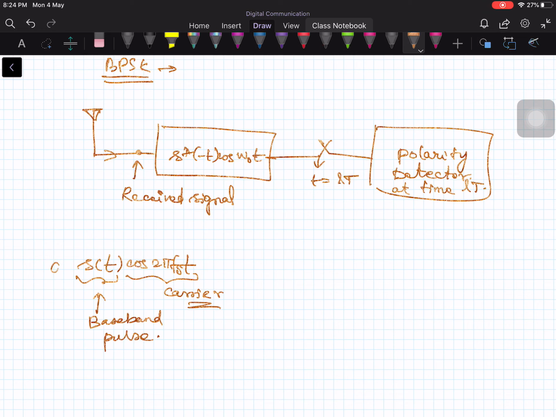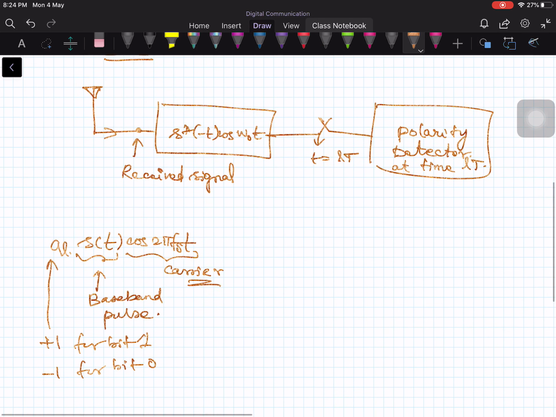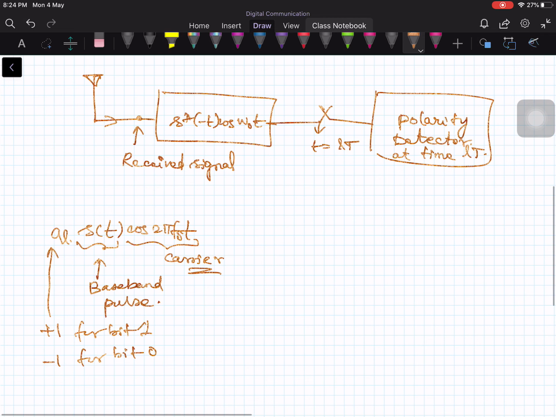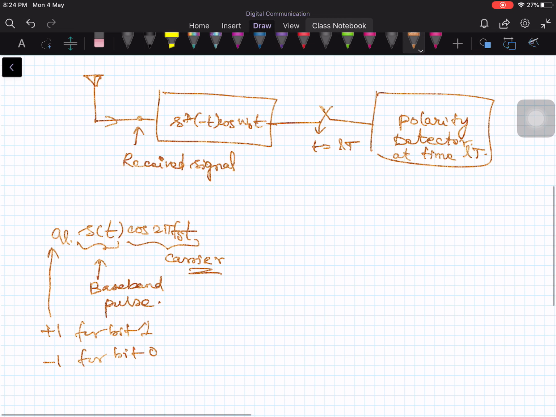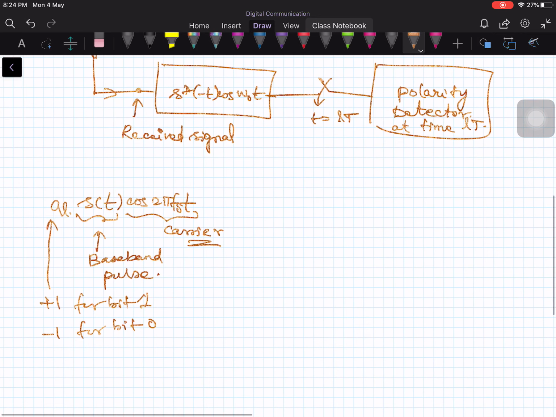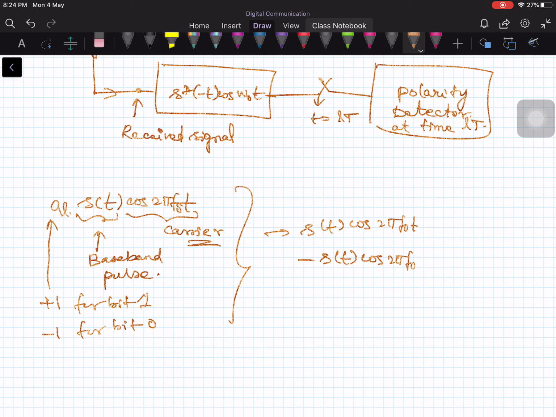So let me put A L here. This A L is equal to +1 for bit 1 and -1 for bit 0. That's how you will get a binary phase shift keying transmitted waveform. So BPSK is either S of t cos of 2 pi f naught t or minus S of t cos of 2 pi f naught t. So this is your BPSK pulse.